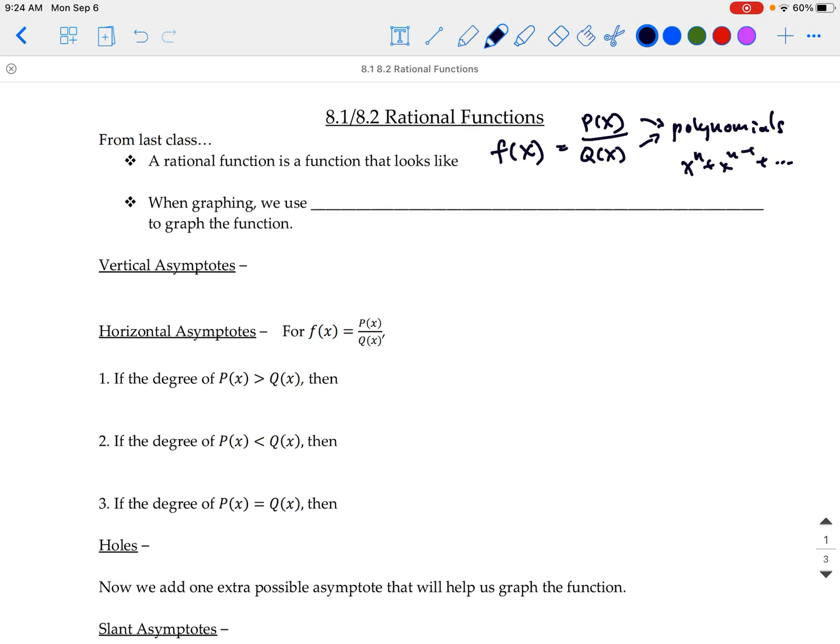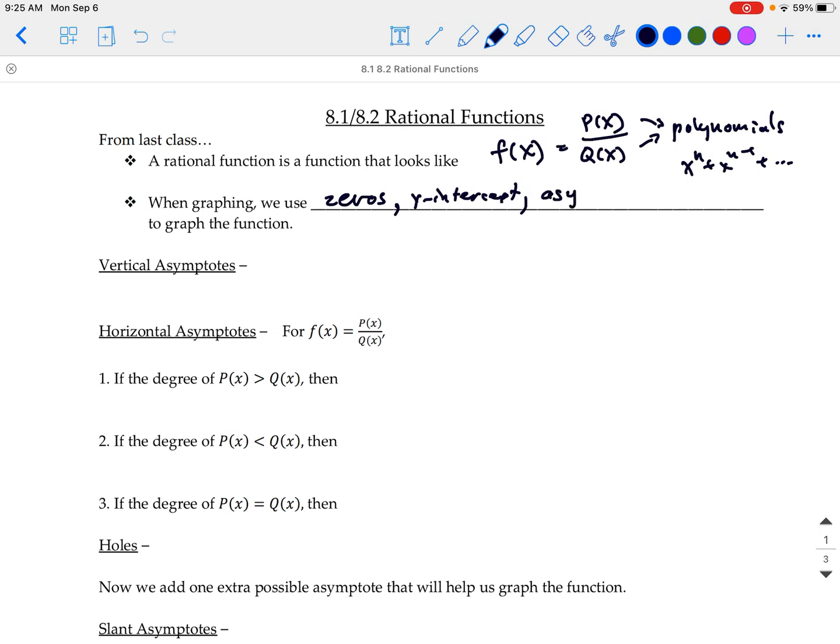So when graphing, we're still going to use all of the sorts of things we would use for any sort of graph. So we're definitely going to use zeros, so values or x-intercepts, values where y is equal to 0. We're definitely going to use y-intercepts.